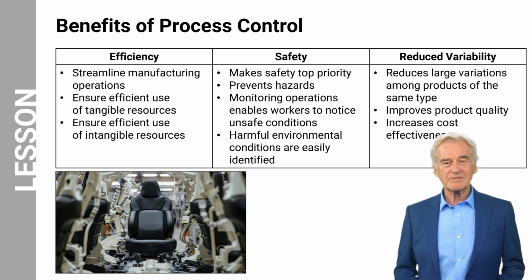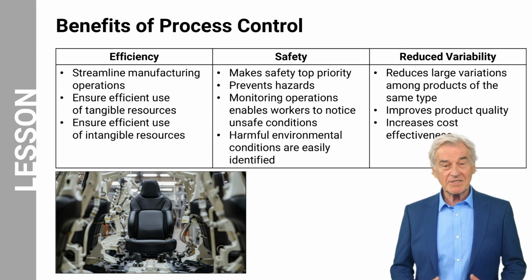Additionally, it facilitates the early identification of harmful environmental conditions. Regarding reduced variability, process control plays a role in minimizing significant variations among products of the same type. This leads to improved product quality and increased cost-effectiveness in manufacturing operations.